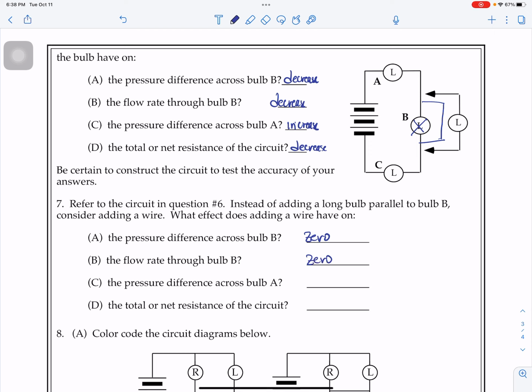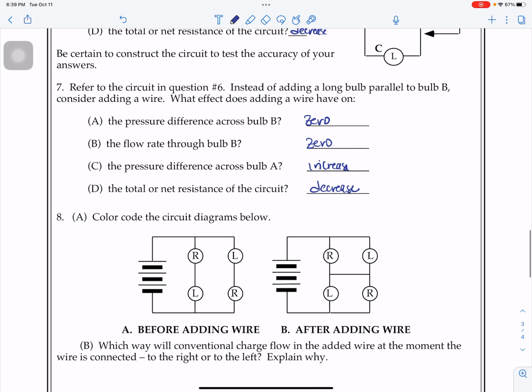Pressure difference across bulb A will increase because I've got more flow. Remember, I've got tons and tons of flow through this circuit because you're basically turning a 3-bulb circuit into a 2-bulb circuit. And so the total or net resistance of the circuit will decrease. That's why we've got more flow. All right, hopefully that made sense.